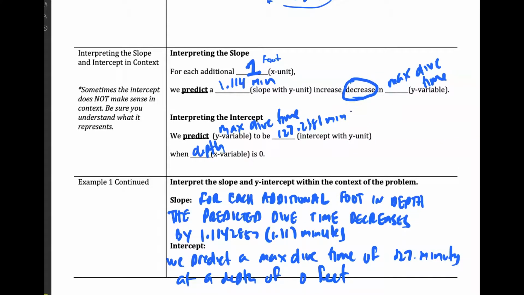We'll practice this more with more examples, but think about this relationship. Remember, change in y over change in x was our slope way back in algebra, y2 minus y1.